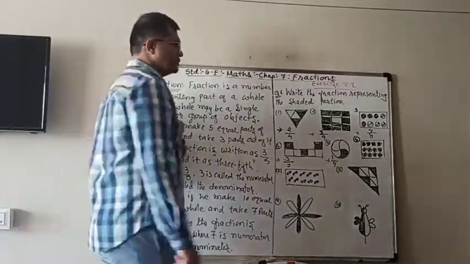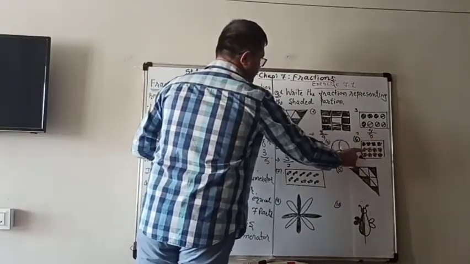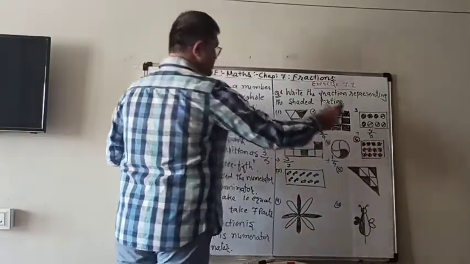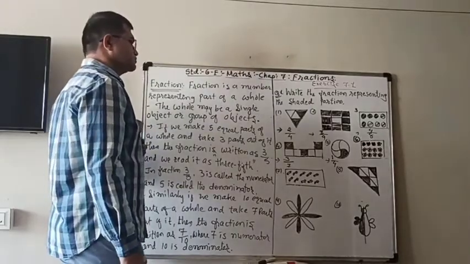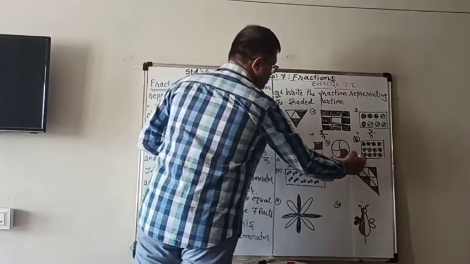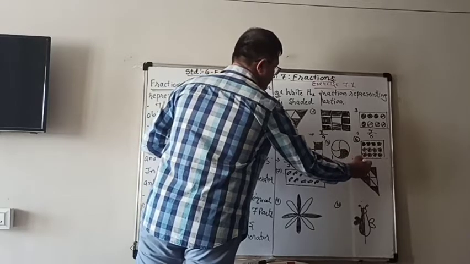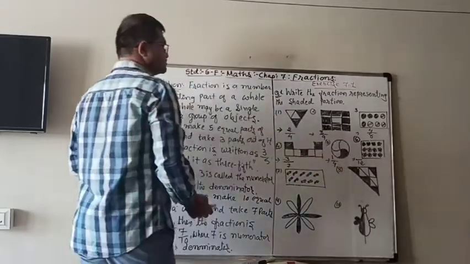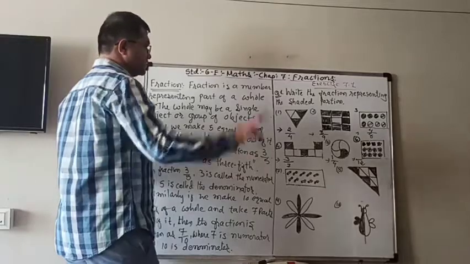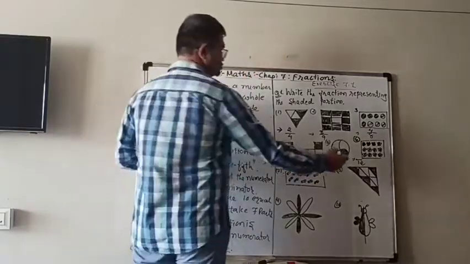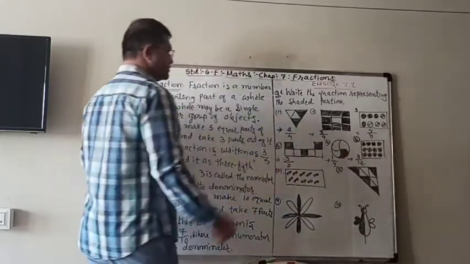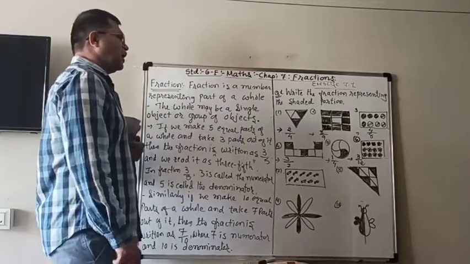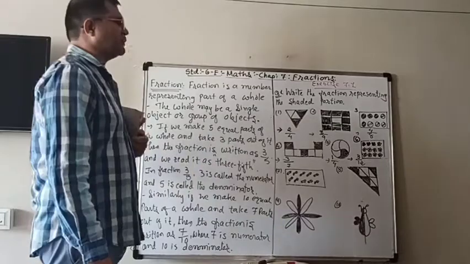In the next one, there are 1, 2, 3, 4, 5, 6, 7, 8, 9, 10, 11 and 12 flowers. So the denominator will be 12, and out of 12, how many are shaded? 3 are shaded. So it represents the fraction 3 out of 12, which is 3 upon 12.